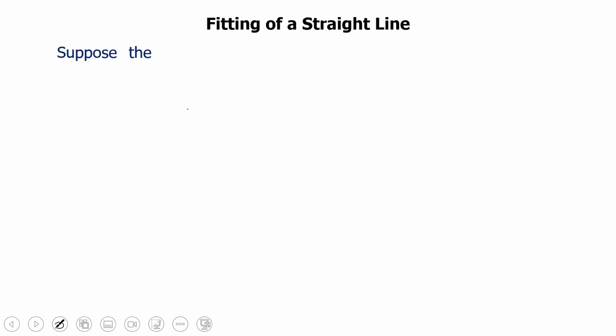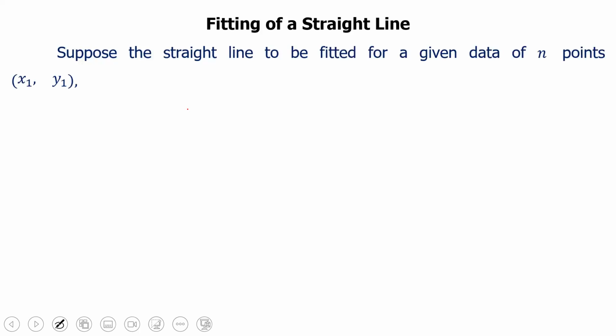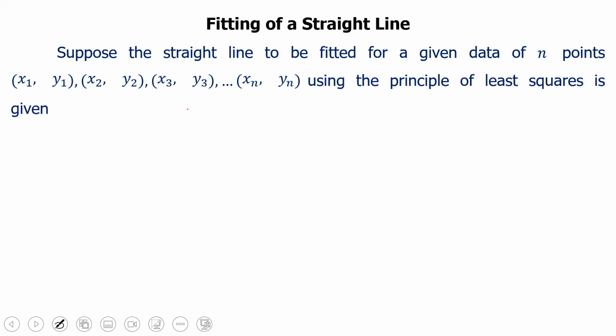What is the equation of a straight line? Suppose the straight line to be fitted for a given data of n points x1, y1, x2, y2, x3, y3 up to xn, yn using the principle of least squares is given by y is equal to a plus bx. We want to find its curve fitting.